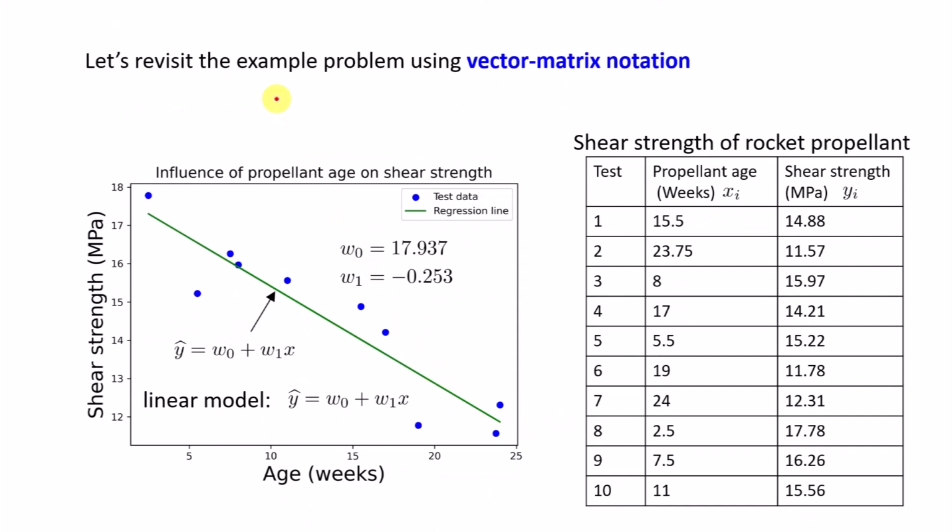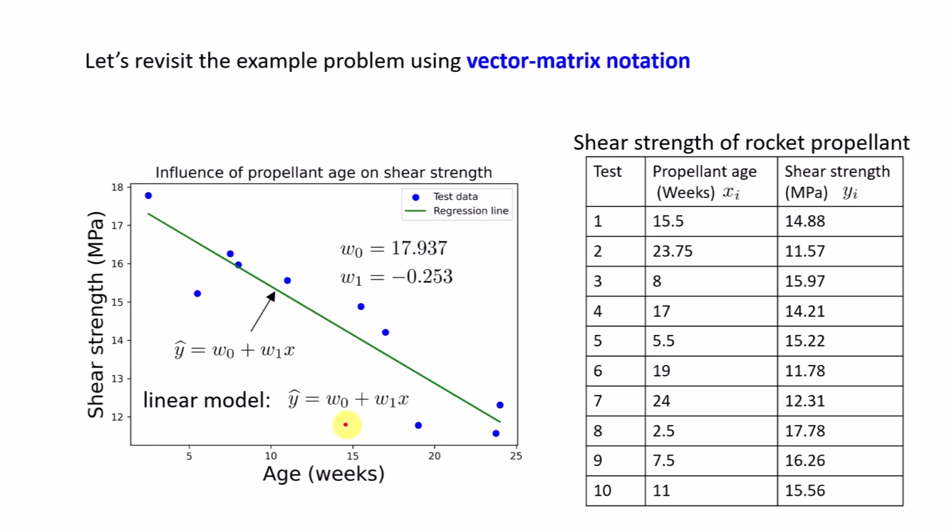We can now go back to the example problem we have seen before, that is the shear strength of rocket propellant with respect to age in weeks. And you remember that we fitted this linear model before by getting into the normal equation of W0 and W1.